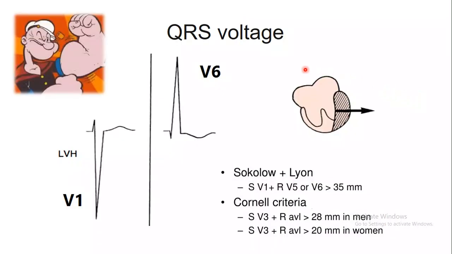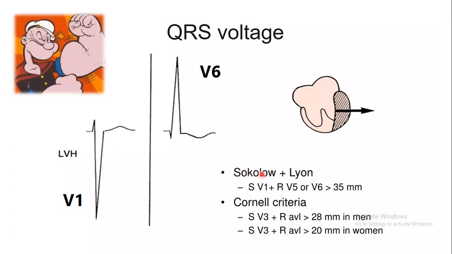Finally, commenting on QRS voltage, because if we have a patient with left ventricular hypertrophy, the voltage created by this mass of muscle will be high. The definition of left ventricular hypertrophy from ECG has different criteria.